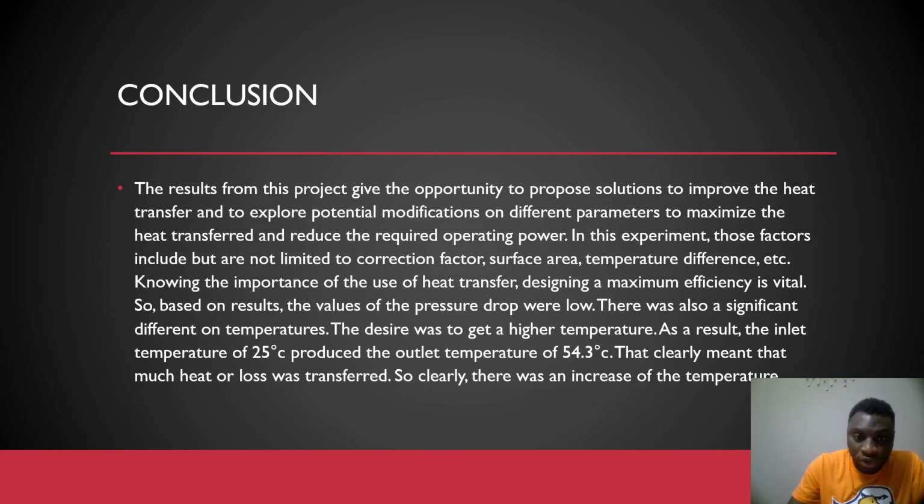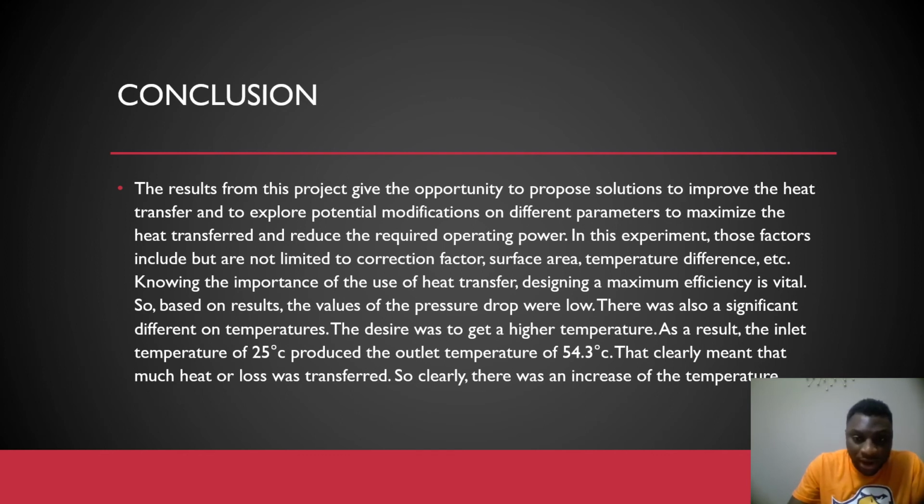Based on the results, the values of pressure drop were low. There was also a significant temperature difference. The desire was to get a higher temperature than the 54 produced from the inlet of 25.